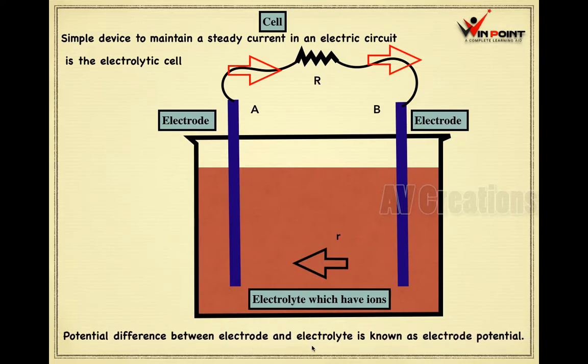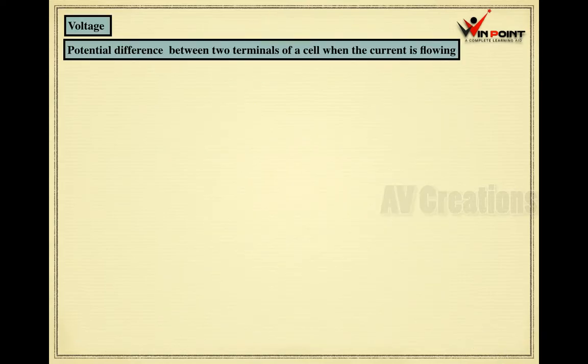The potential difference between electrode and electrolyte is known as electrode potential. Voltage is the potential difference between two terminals of a cell when the current is flowing. When we connect a cell into a circuit, there will be current flow, and because of this current flow there will be a voltage.